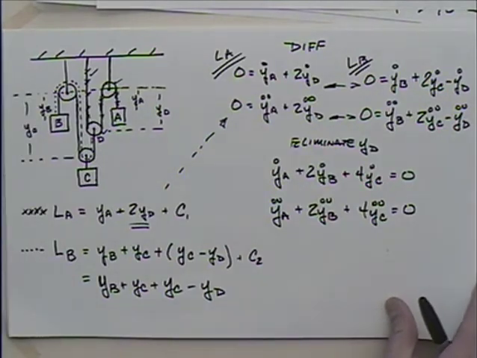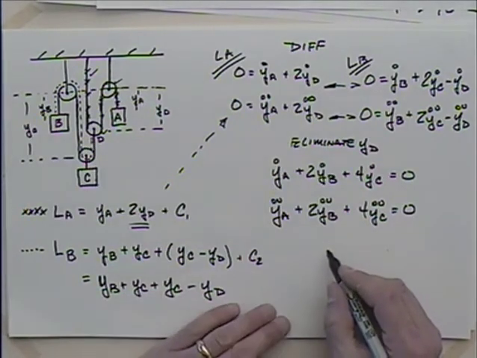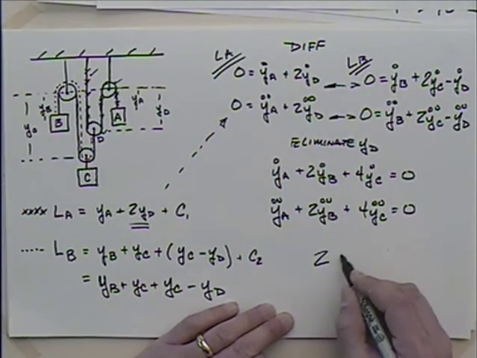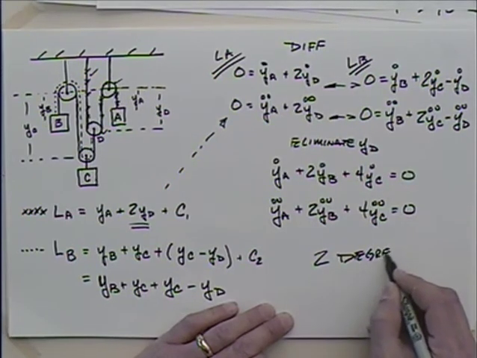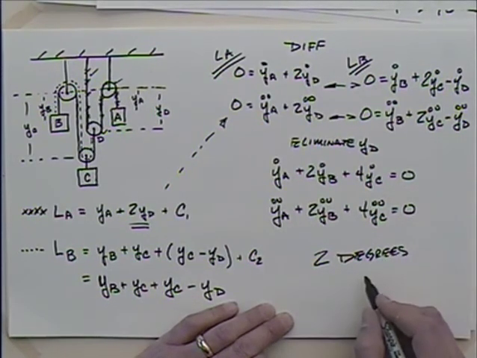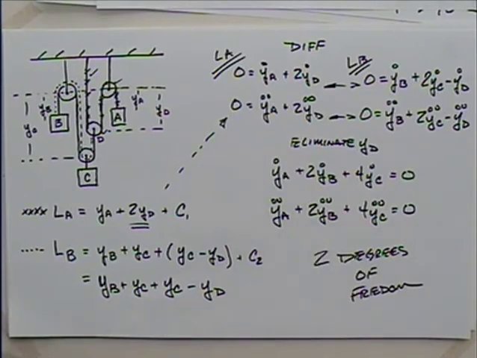Okay. A couple things to talk about with this one. We might say that this has 2 degrees of freedom, because if you give me any 2 of the values, I can predict the other one.